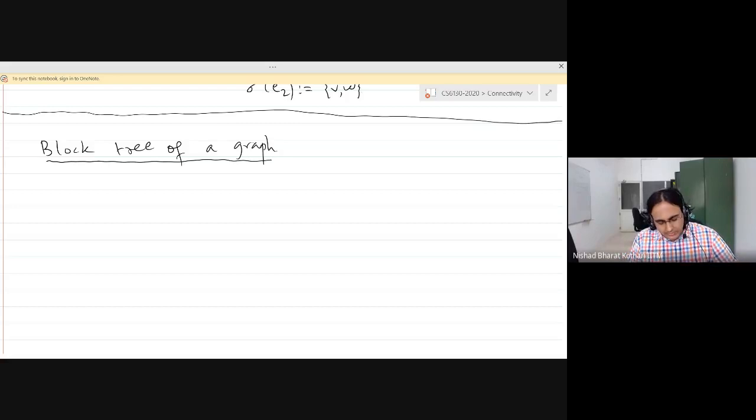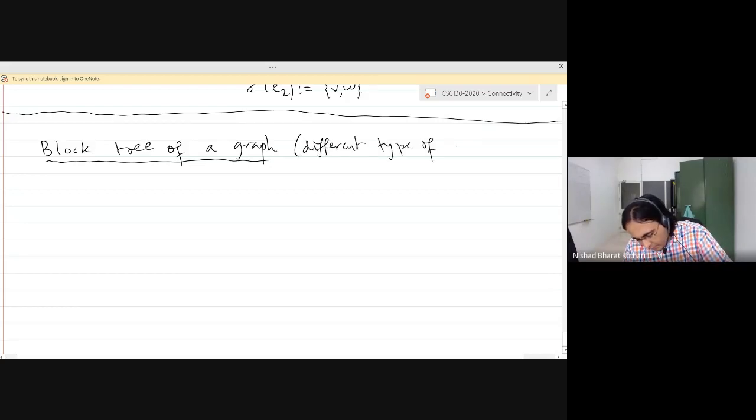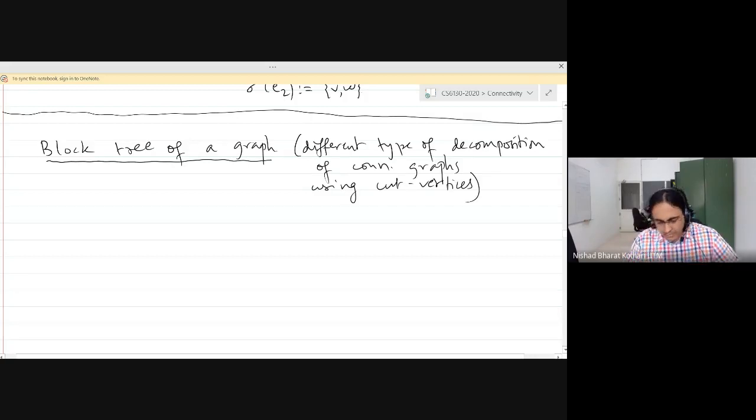Okay, so this is a different type of decomposition of connected graphs using cut vertices. Okay.